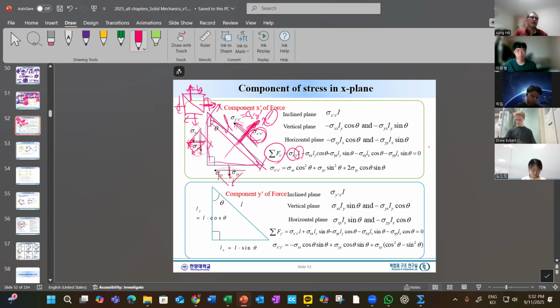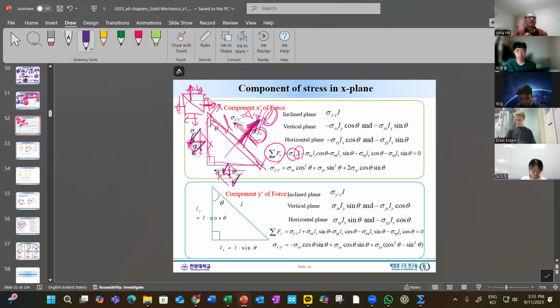A little bit complicated, but conceptually it is not that complicated. We just take the x prime force. Okay, I will represent it in a different color: this one, this one, this one, and that one.